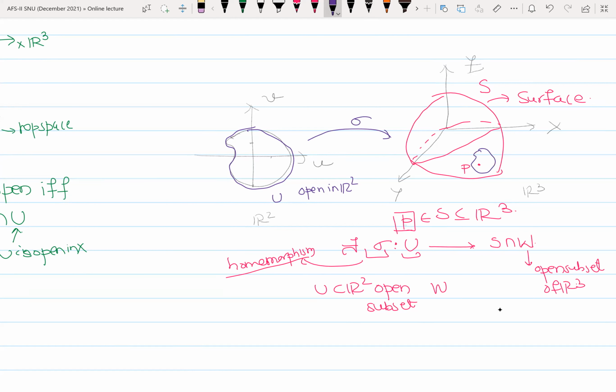So the image of sigma of U should be homeomorphic to S intersection W.